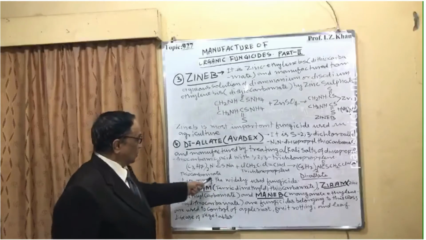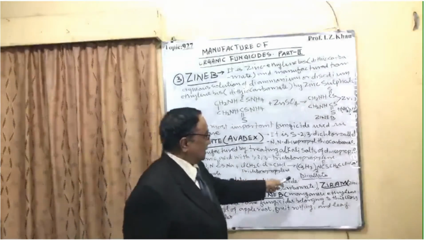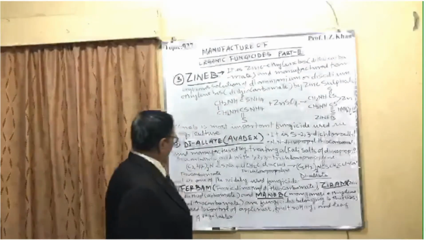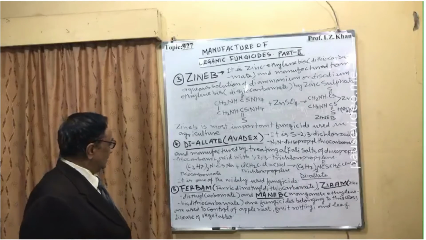So this is your thiocarbamate and this is your trichloropropylene. When these two are treated, you will get diallate, and it is one of the widely used fungicides.